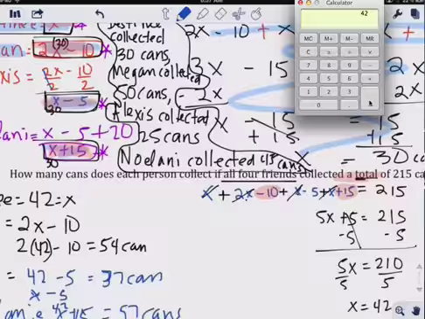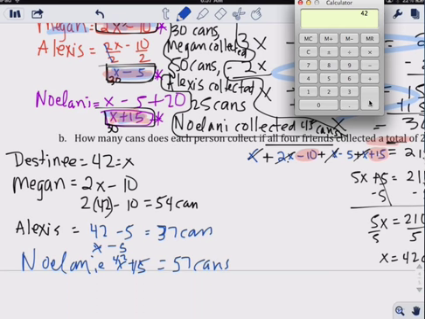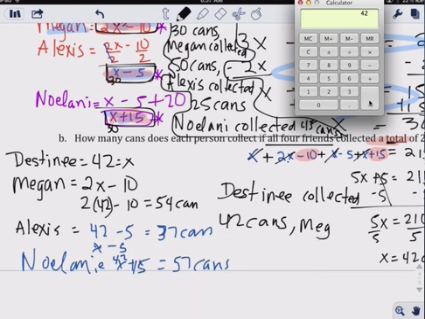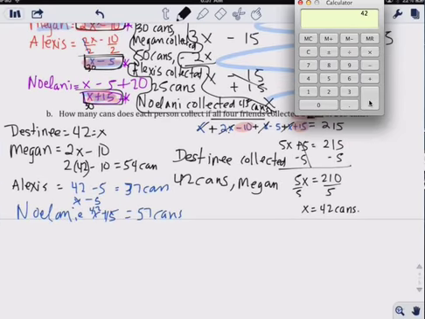Okay, so we need to just write that in complete sentences and we're done. Destiny collected 42 cans. Megan, okay, you guys know the whole drill. Finish it. Collected, okay, I can't help myself. 54 cans.